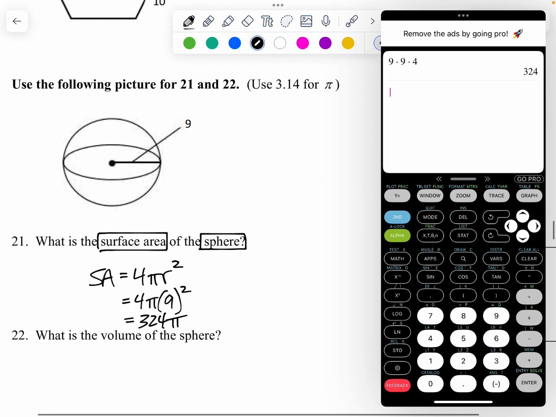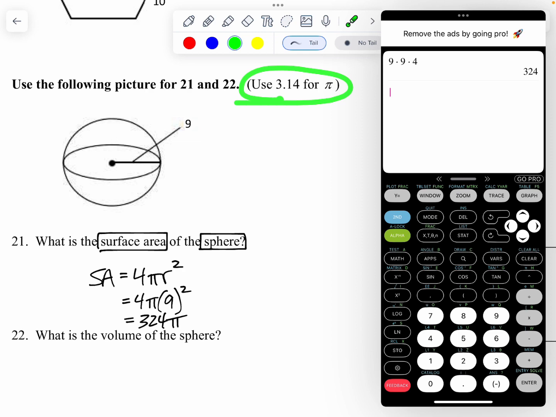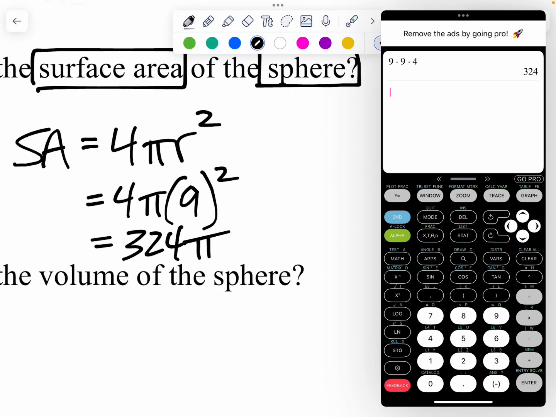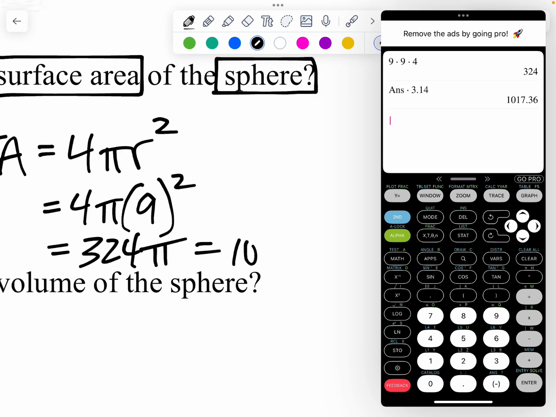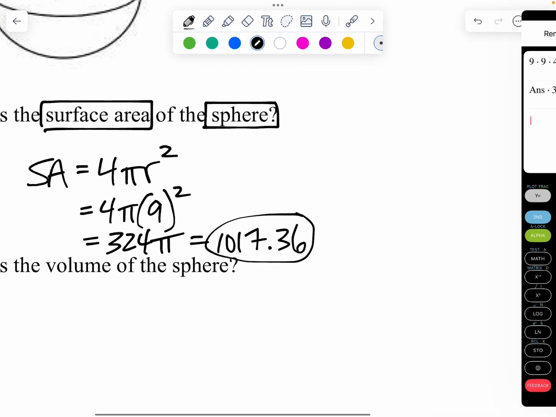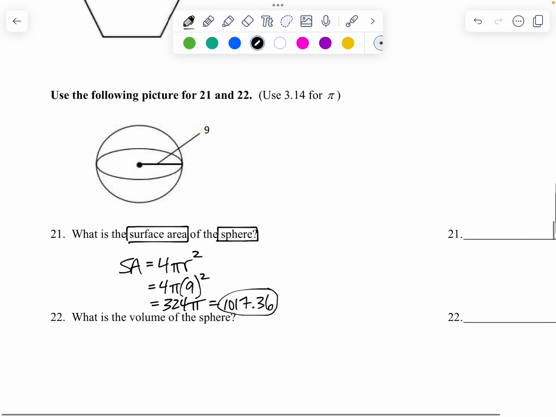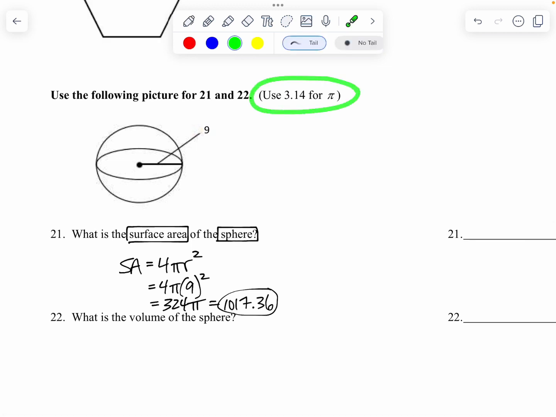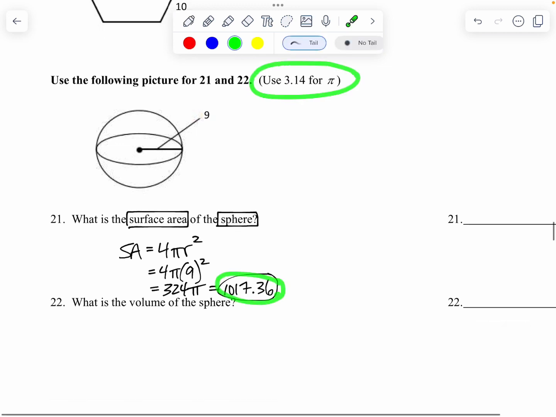But the directions do say to use 3.14 for pi, so I'm going to multiply my 324 times 3.14, and I'm going to get 1017.36. Be careful on this multiple choice exam. I don't think there's going to be pi in that answer if the directions say to use 3.14, so your answer should be a decimal, okay?